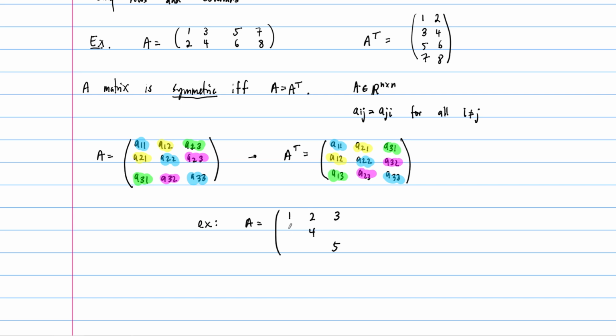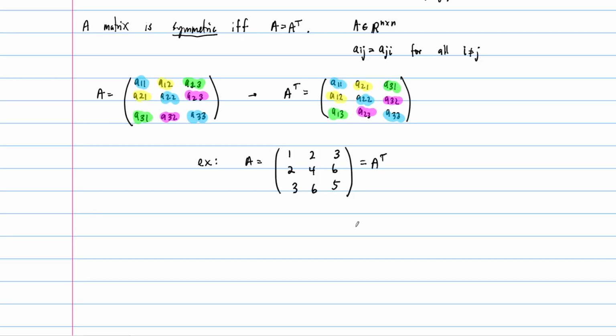If this is 2, this has to be 2 for symmetry reasons. If this is 3, this has to be 3. If this is 6, this has to be 6. So 1, 4, 5. The diagonal can be anything, but everything else has to be symmetric, so that this matrix equals its own transpose.